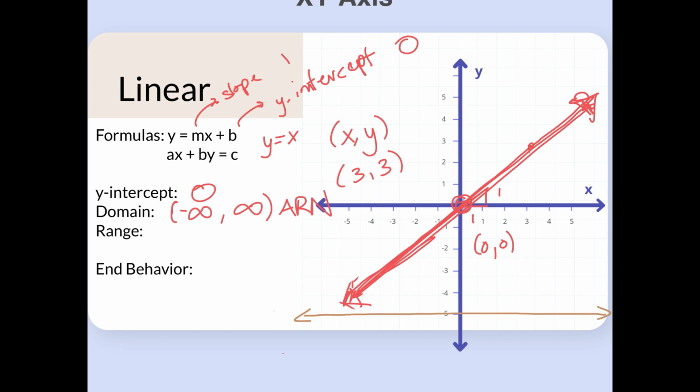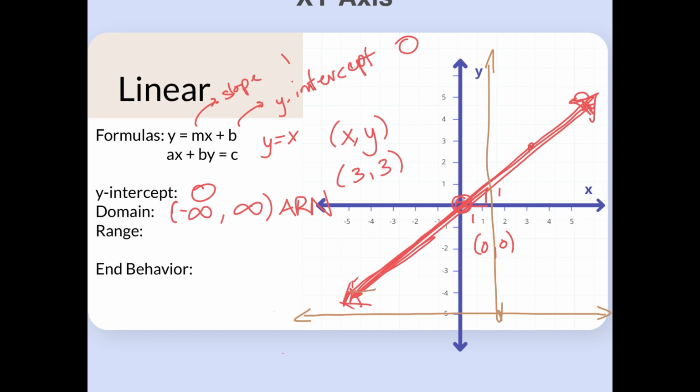Same thing goes for the range. When we look at this particular graph up and down, we see that, again, the line extends in both directions. A lot of people sometimes get sidetracked or confused because obviously this line isn't going strictly horizontally or strictly vertically. That's not necessarily what we're looking at. You're looking at the general path that the line follows as you look up.